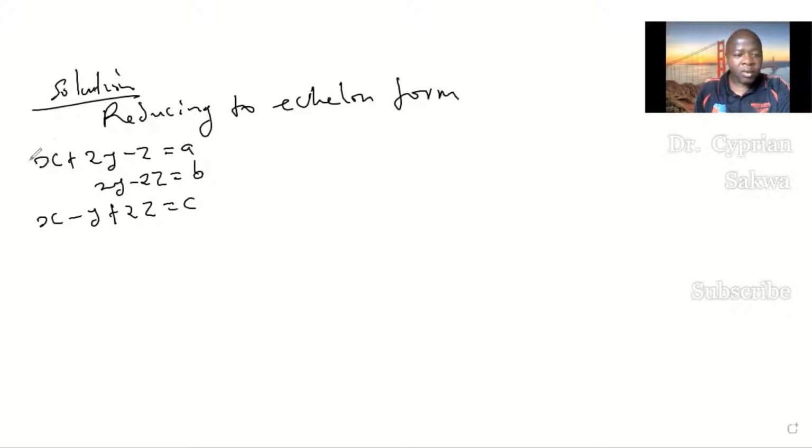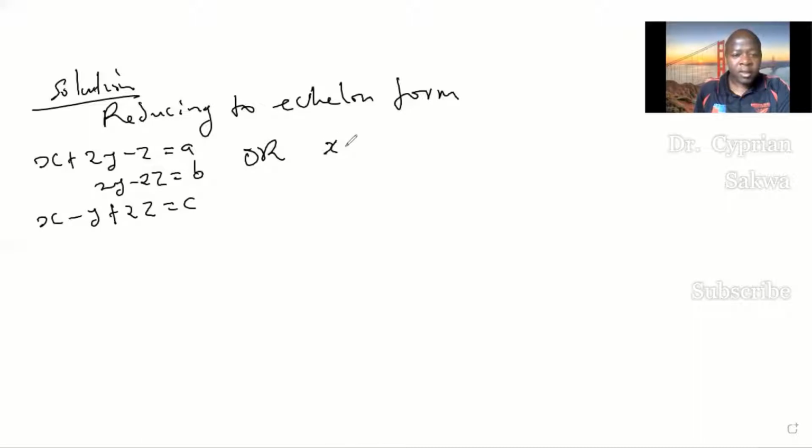So I want this to be the only non-zero element in column 1. You can see that this is x, and there is 0x here. So I want this one to be 0 also. What I need to do is subtract the first equation from the third equation to get my new third equation.